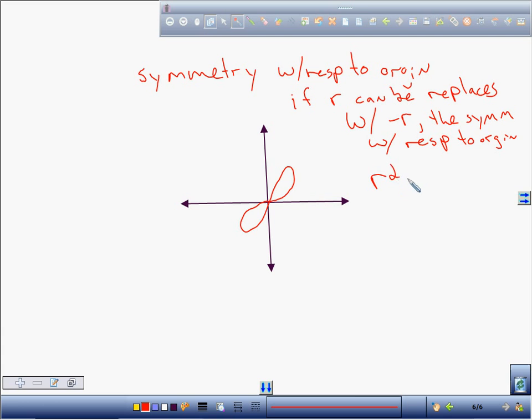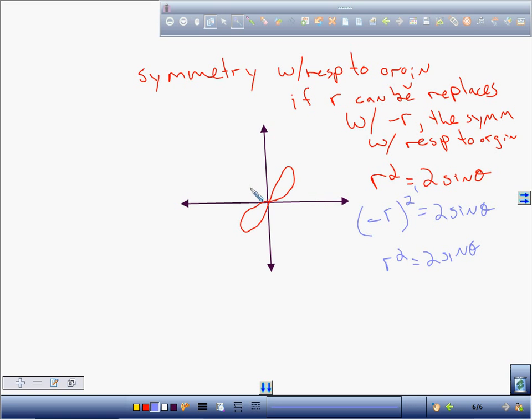So if you have like r squared equals 2 sine theta or something like that, then that one's going to have symmetry with respect to the origin, because if I take negative r and plug it in here, negative r squared equals 2 sine theta. I get r squared equals 2 sine theta, which is what I started with. So in that case, you only have to sketch here and possibly here if you have something over here, and then rotate it 180 degrees and you get the other half of it.